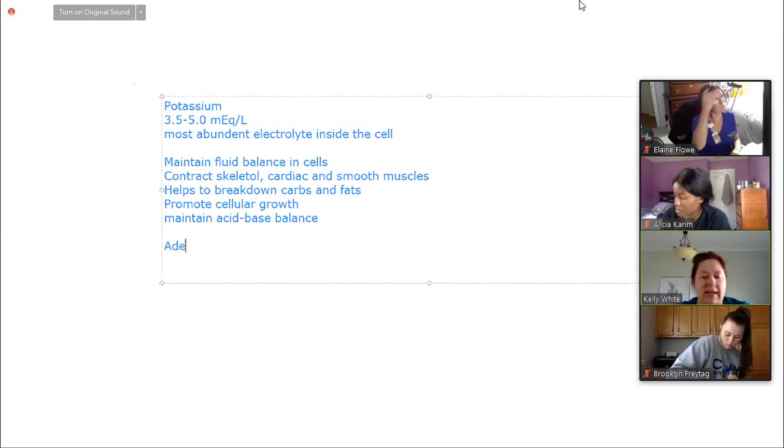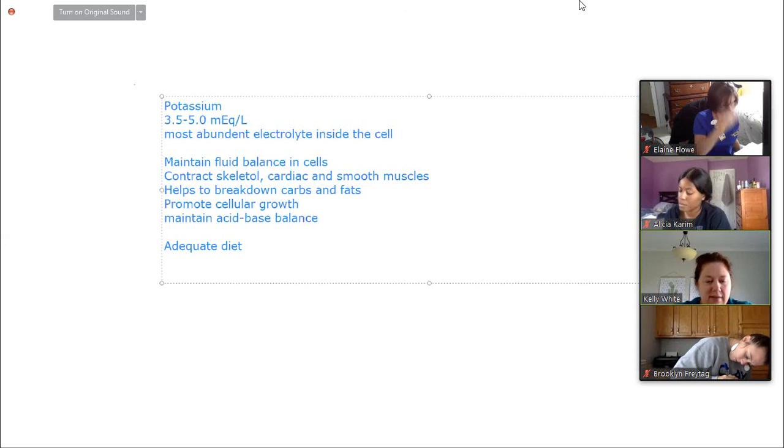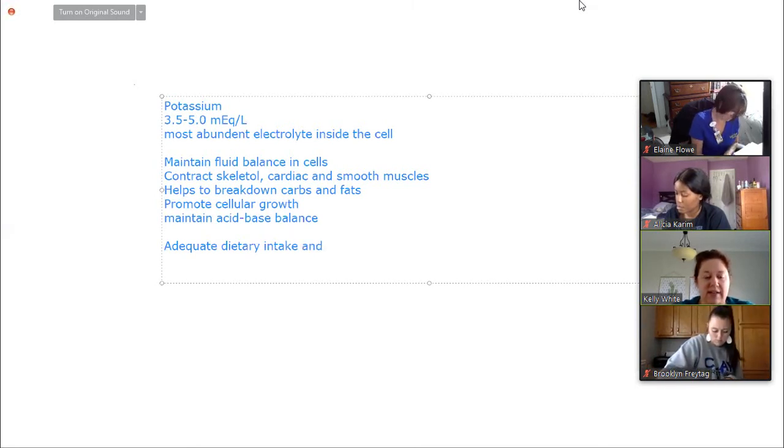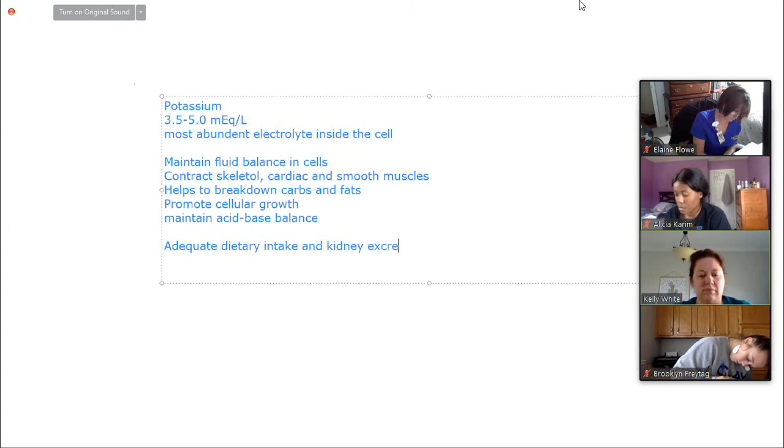So we need adequate dietary intake and adequate kidney excretion to maintain your potassium balance.